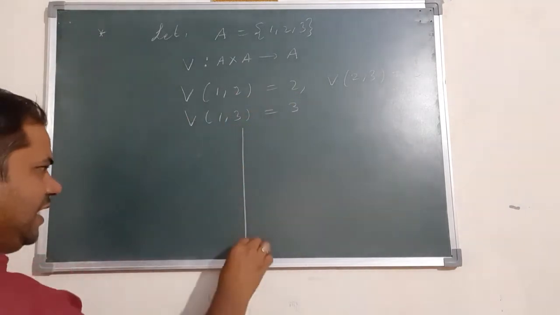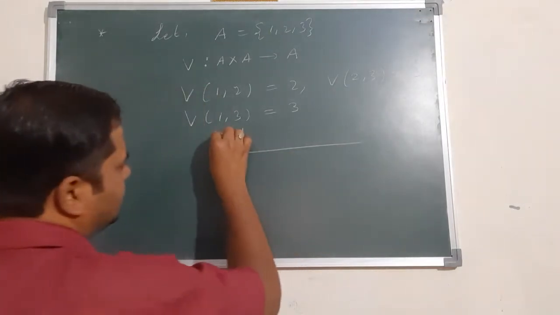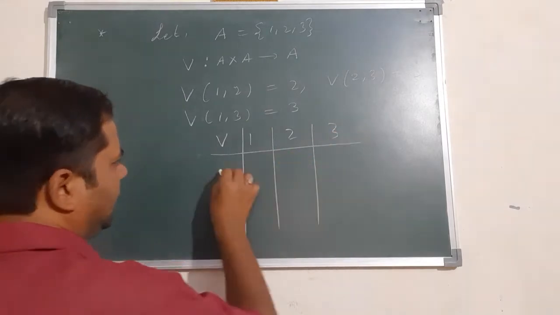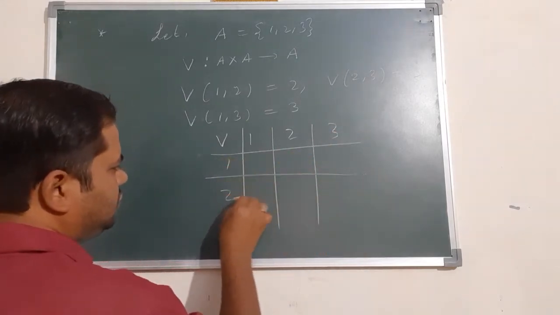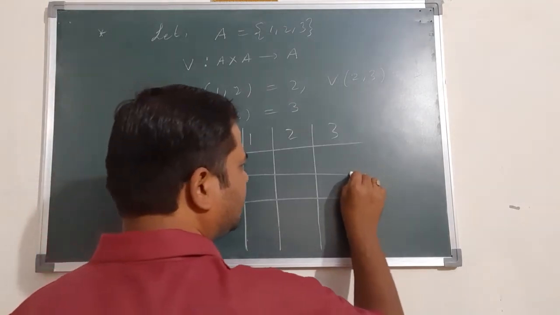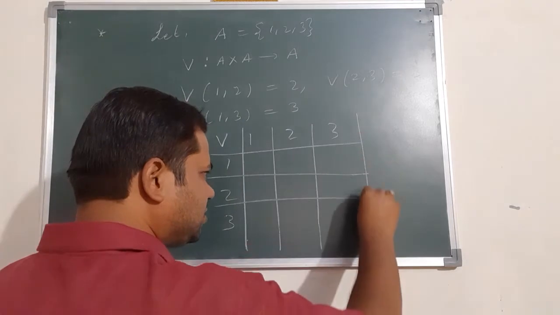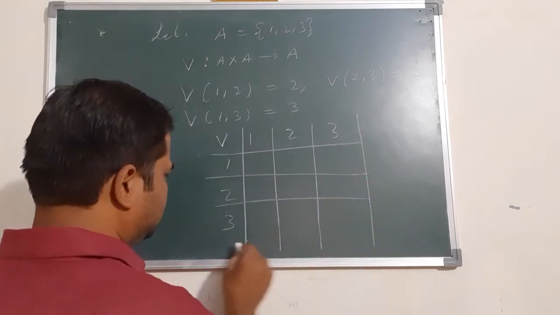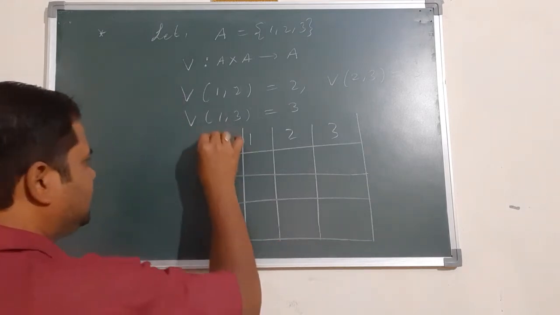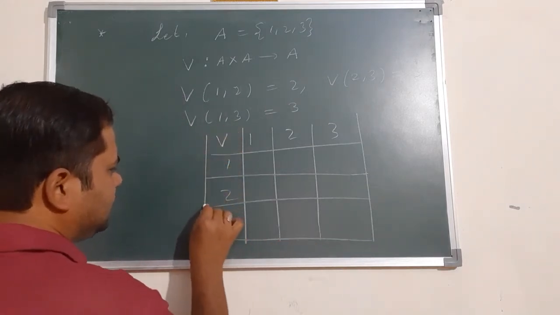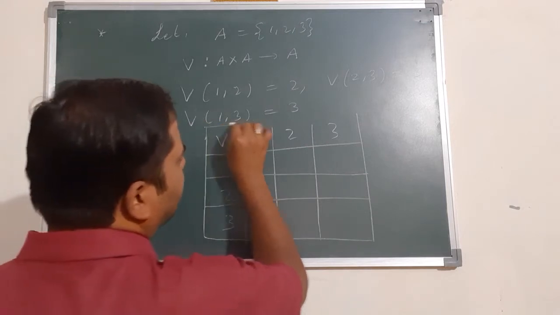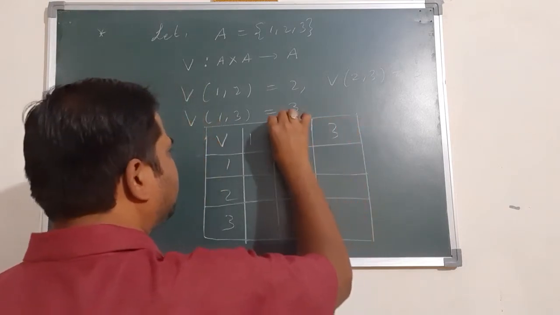So we make a table like this. This is maximum, and here 1, 2, 3, and here 1, 2 and 3. So what are the entries for this particular operation? See, the entries are like this. In the same manner, you can make so many tables if you define a function for minimum or any other functions.